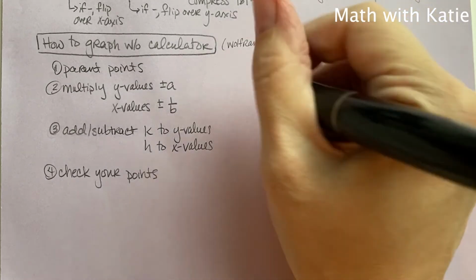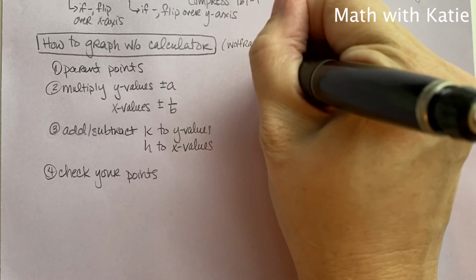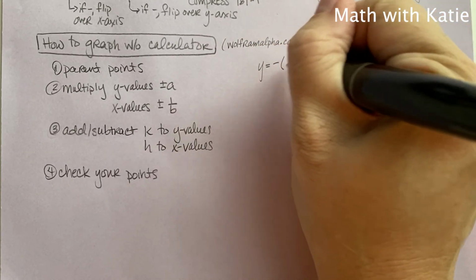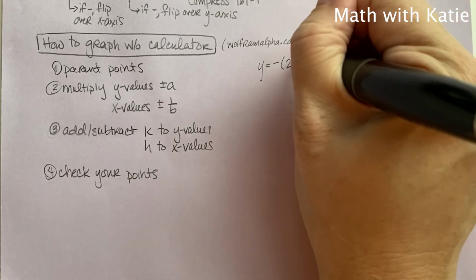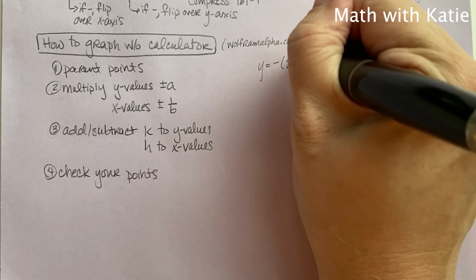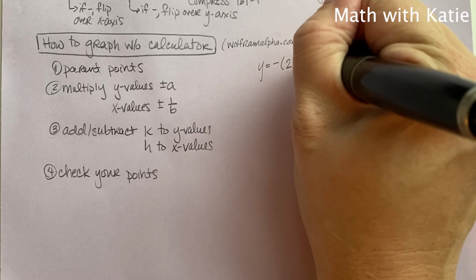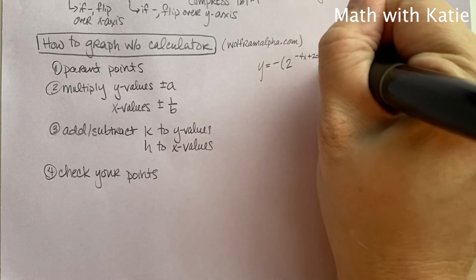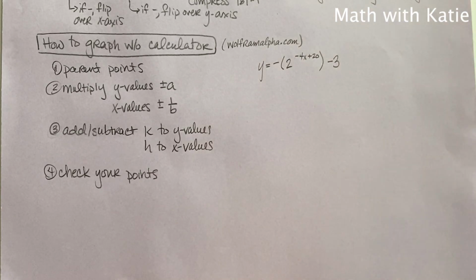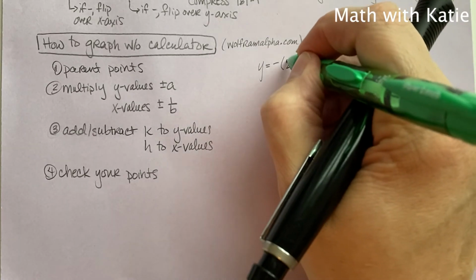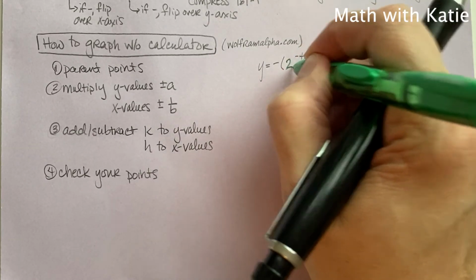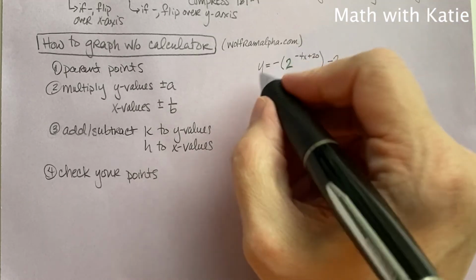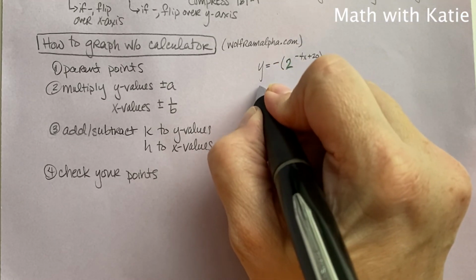Okay, our example for this is going to be y equals negative log base 2 of (-4x + 20) minus 3. Okay, so the first thing, our base is 2.